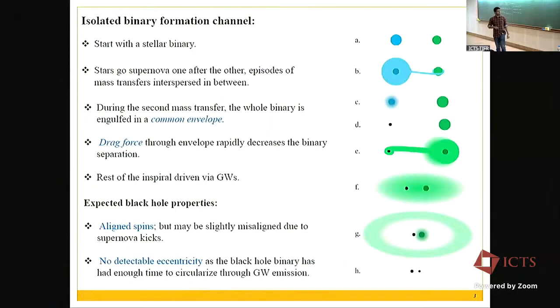But one thing for sure that will happen is they won't have any detectable orbital eccentricity in them, because the binary black hole that is formed at this stage has enough time, enough cycles to go through, that gravitational wave back reaction onto this orbit efficiently circularizes the orbit.